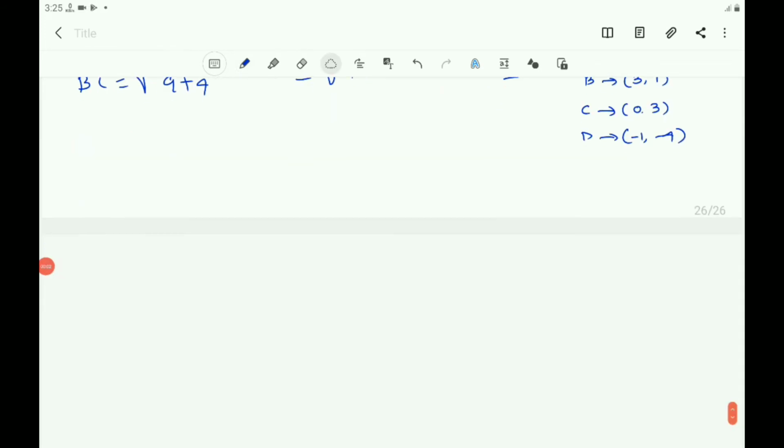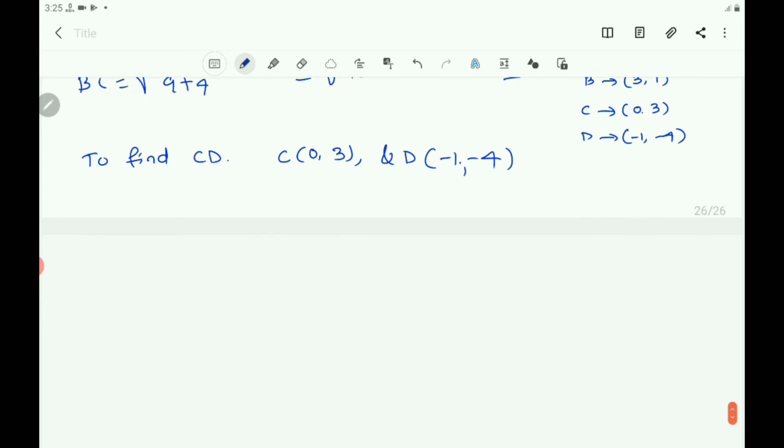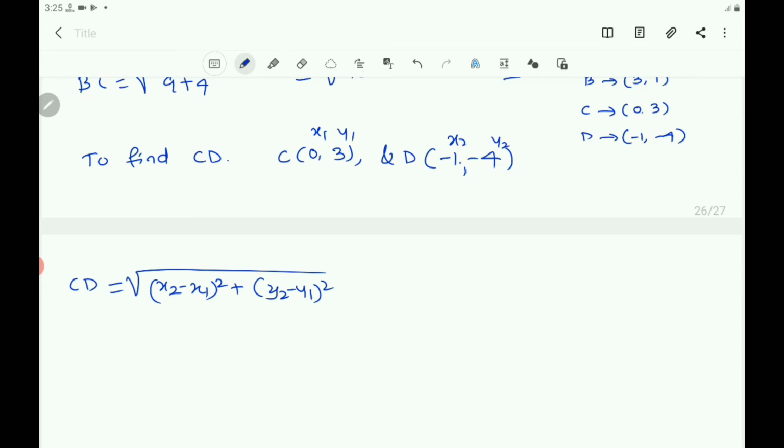To find the third side CD, C is a point with coordinates 0, 3 and D is a point with coordinates minus 1, minus 4. Then CD equals the distance formula x2 minus x1 whole square plus y2 minus y1 whole square. x1, y1 is 0, 3 and x2, y2 is minus 1, minus 4.